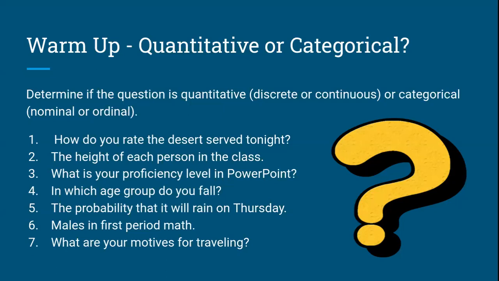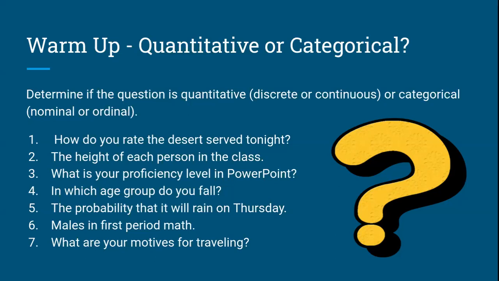So now, first one, how do you rate the dessert served tonight? So one, is it quantitative or is it categorical? Do we count it or can we group the responses? Did somebody respond?